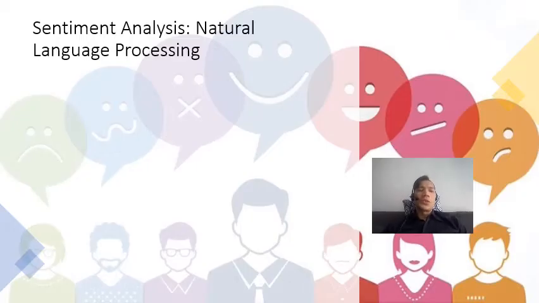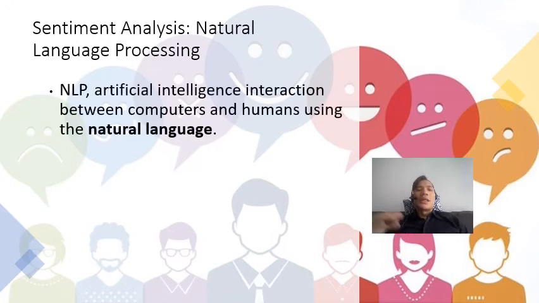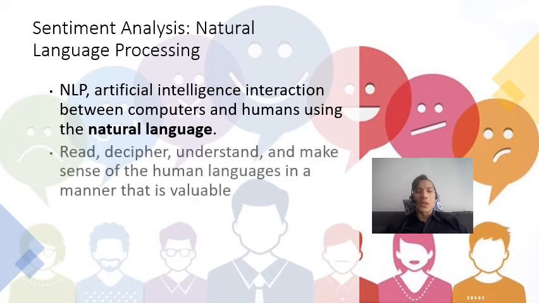Then we move on to the best part of text analysis, or qualitative analysis, which is using natural language processing to do sentiment analysis. Natural language processing, or NLP, is an artificial intelligence interaction between computers and humans using natural language.